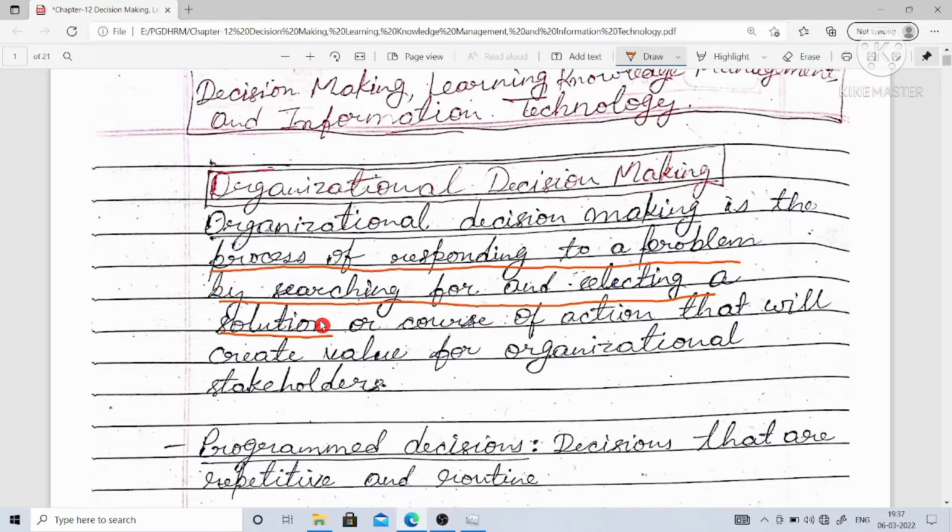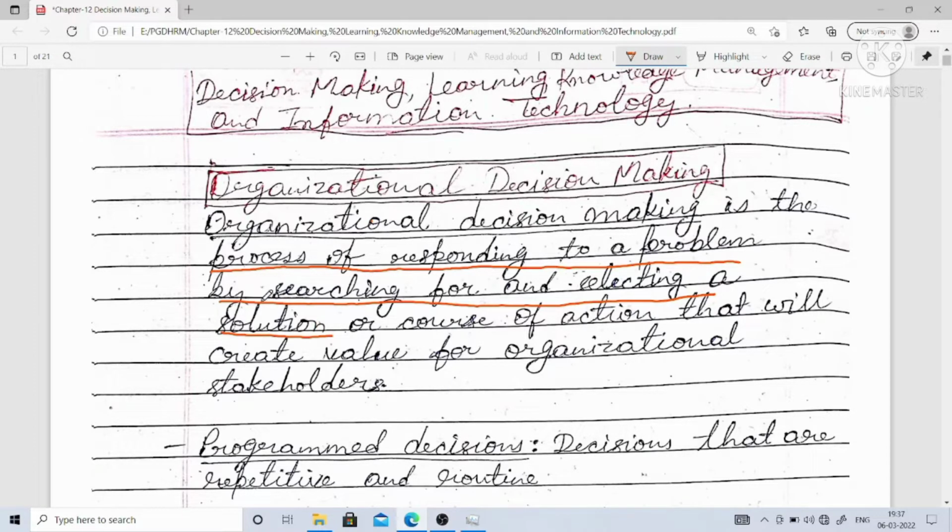So whenever different problems come up in the organization, decisions are made. Those responses to problems in the organization are related to decision making.